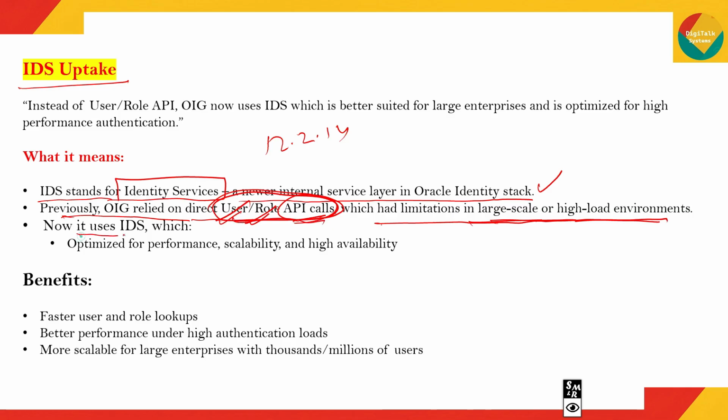So for this, now IDS has been introduced, which is optimized for performance, scalability, and high availability. That means with the help of IDS, the default user and role API based calls are going to be replaced with IDS, which is going to improve the complete end-to-end performance of your OIM.